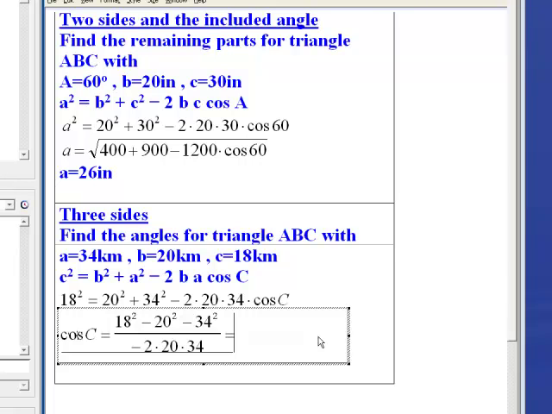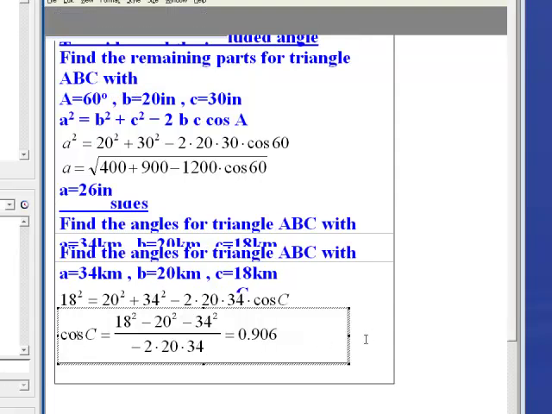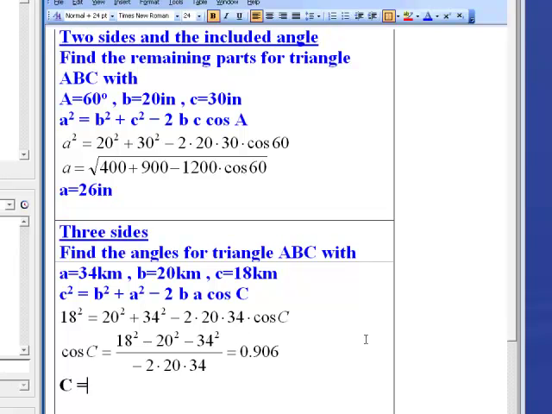I'm going to do that on the side, so parentheses 18 squared minus 20 squared minus 34 squared, parentheses, divide by, parentheses, negative 2 times 20 times 34, 0.906, rounded. So therefore, C, of course, is the inverse cosine of 0.906.